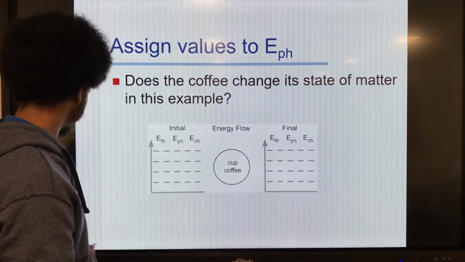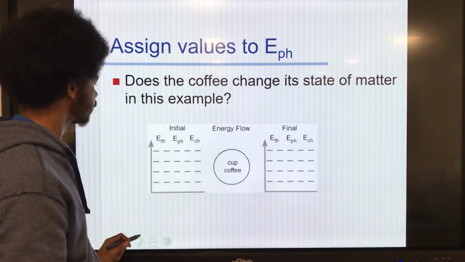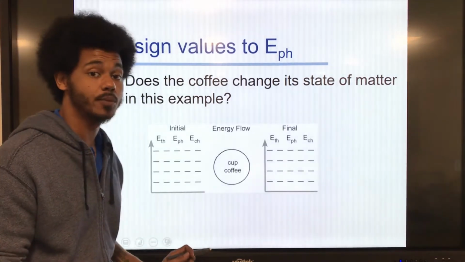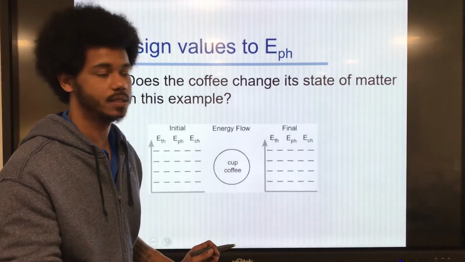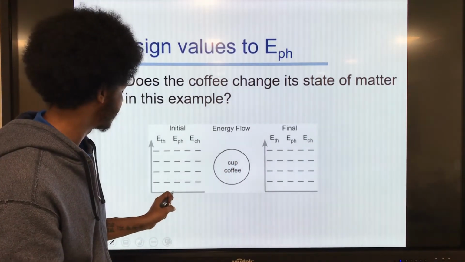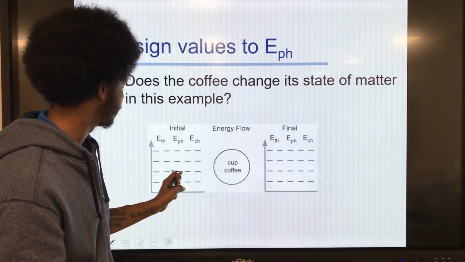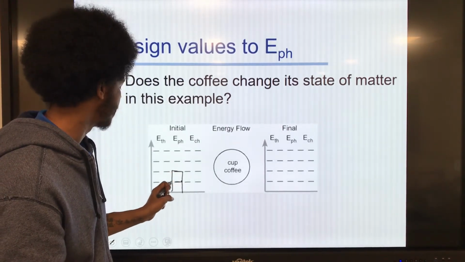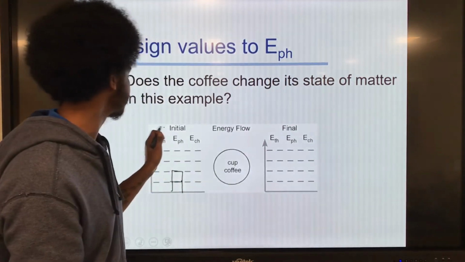So when it comes to the phase energy, remember we use 2 bars to represent a liquid, and I'm going to put that in the phase energy column, and that's in the initial state.